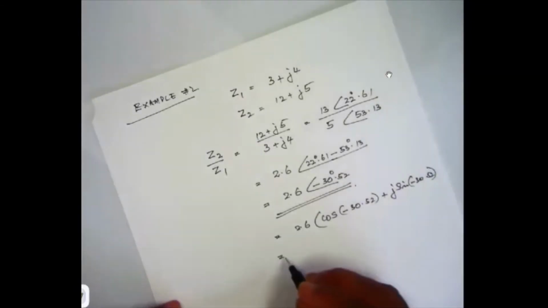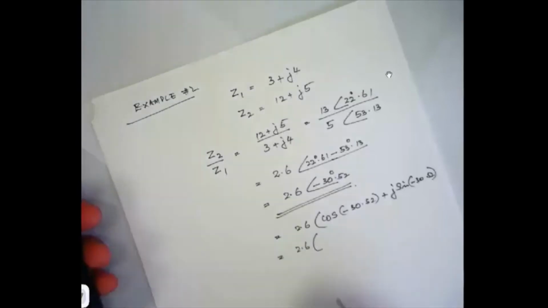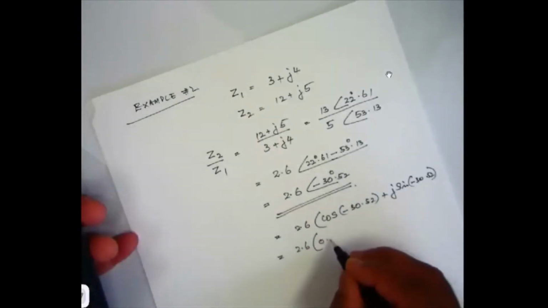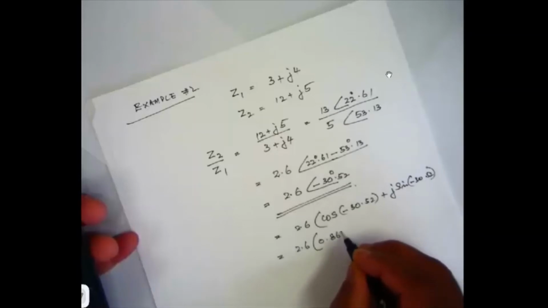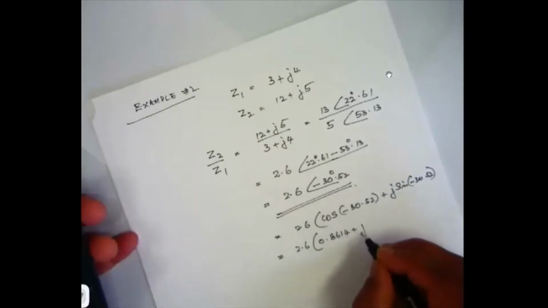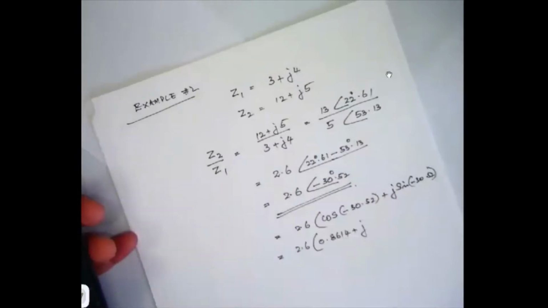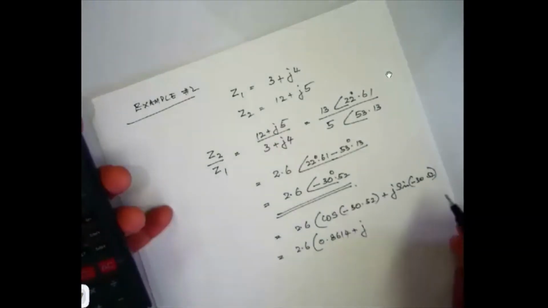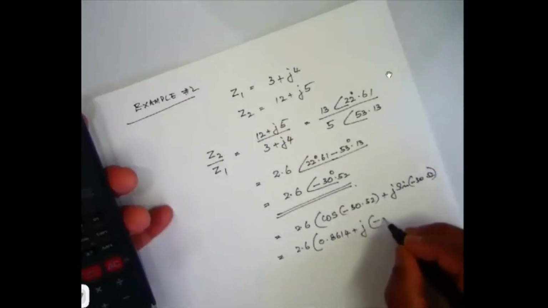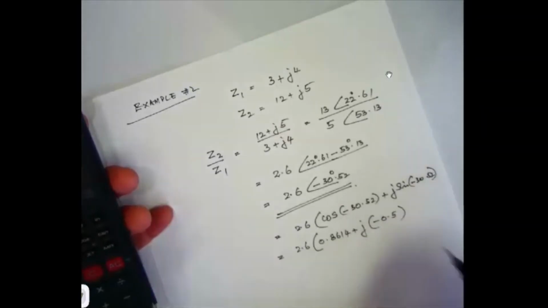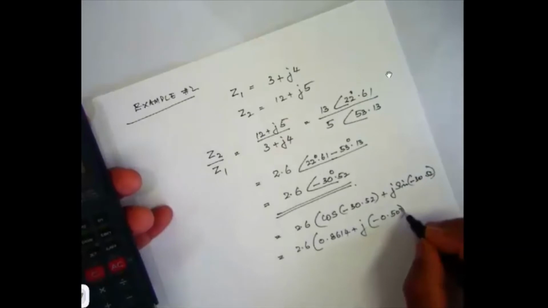So that gives us 2.6 times cos, which is 0.8614, plus j times negative sin 30.52, which is negative 0.507.